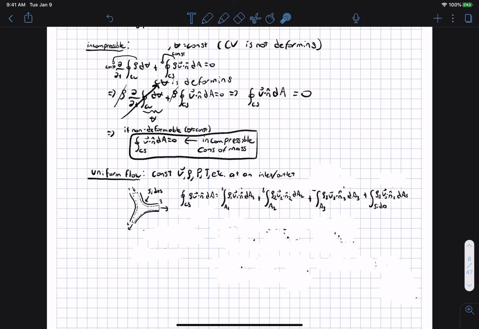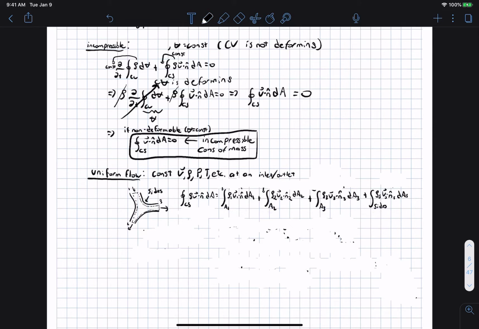We have an area 1 where flow is going in, an area 2 where flow is going out, an area 3 where flow is also going out, and some so-called sides. When you do these integrals, you need to walk around the entirety of the control surface, and you need to make sure in your homework and quizzes that you completely enclose the control surface. With this, we have completely enclosed it.